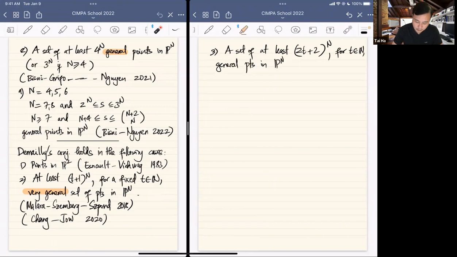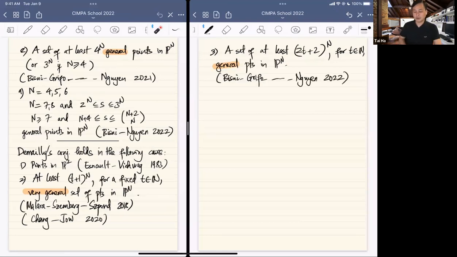So here, the requirement is that the points are general, and this is a result by Bisui and Guifort, myself and Nguyen, and this appeared in 2022 in the Journal of Pure and Applied Algebra.